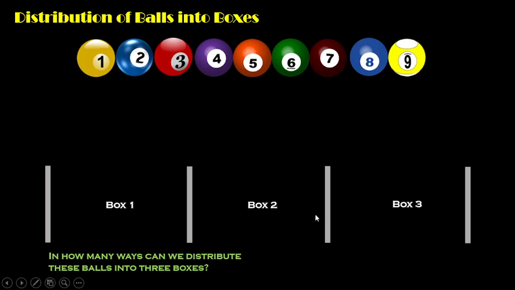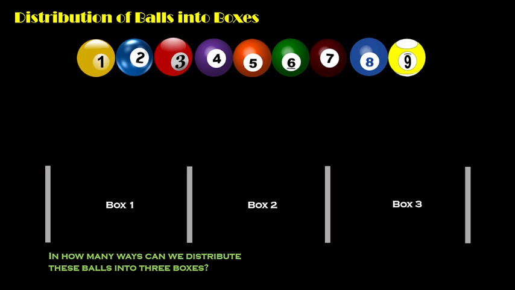This is box 1, box 2 and box 3, and these vertical bars represent walls of the boxes. The problem is, in how many ways can we distribute these 9 balls into 3 boxes? According to the fundamental assumption, any ball is equally likely to occupy any box. So there is no preferred box. We can put any ball in any box with equal probability.